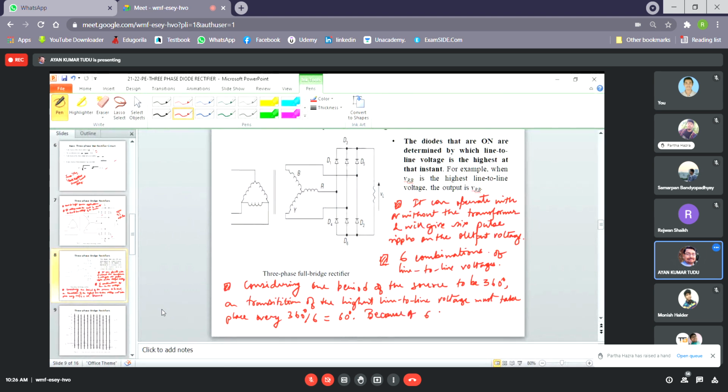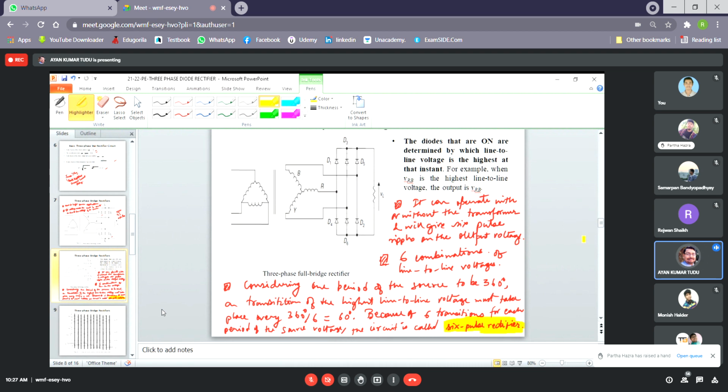Because of these 6 transitions that occur for each period of the source, the circuit is called a 6 pulse rectifier.